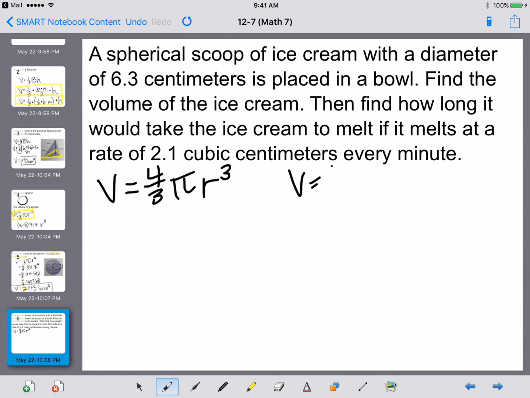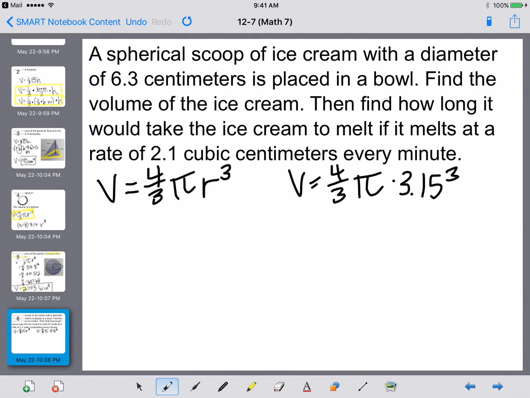So we're going to end up with 4/3 pi times 3.15 cubed. 3.15 cubed is 31.26 about times 3.14, and then I'm multiplying that by 4/3.